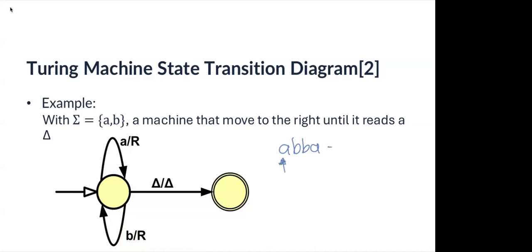Because we are reading A, we will go to this transition. It means we will still have ABBA in the input tape, but we move the head to the right. We are still in the same state, we read B, so we move to the right. So it is still ABBA.